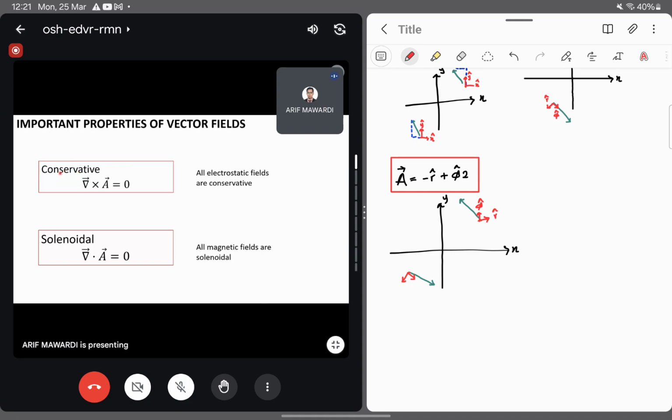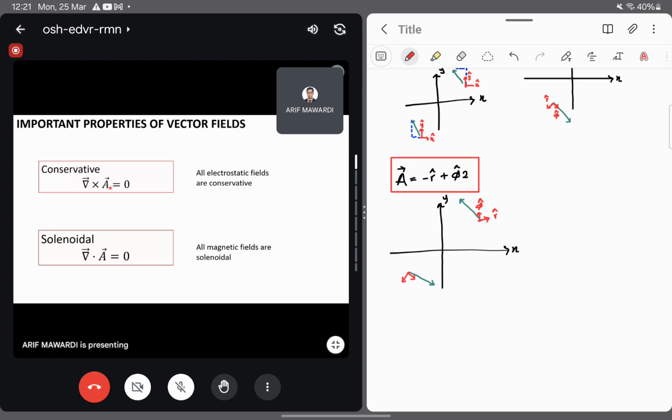Now if I calculate the divergence of my vector field, and if it is equal to 0, then that vector field is said to be solenoidal.